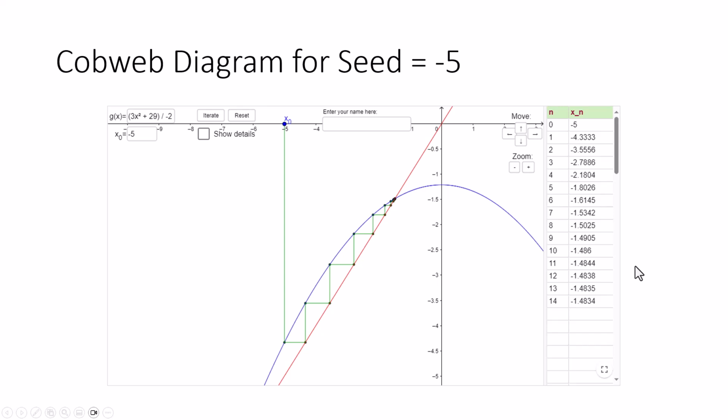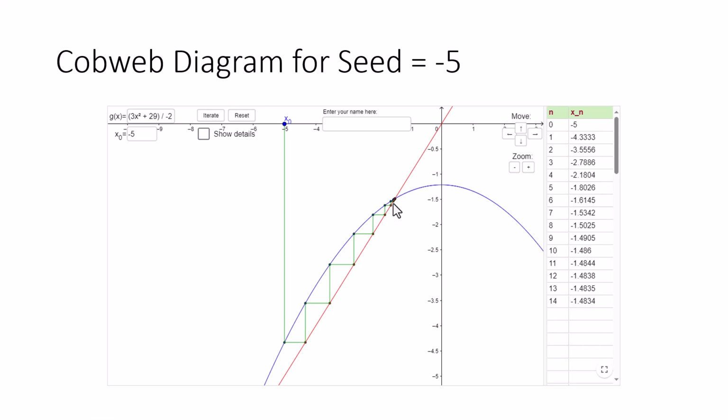So when you make an initial guess for this particular equation, and believe it or not, this is quite common in quadratics, you end up getting this kind of diagram where you are getting close to one answer with each successive guess.